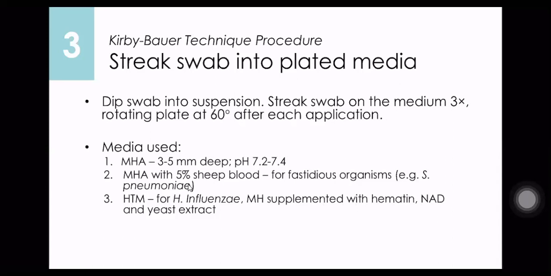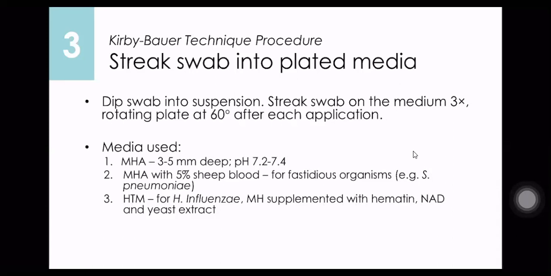So we need to have this for fastidious organisms, for example Streptococcus species. If you perform the specimen, for example a nasopharyngeal swab, you proceed to the catalase and coagulase test.